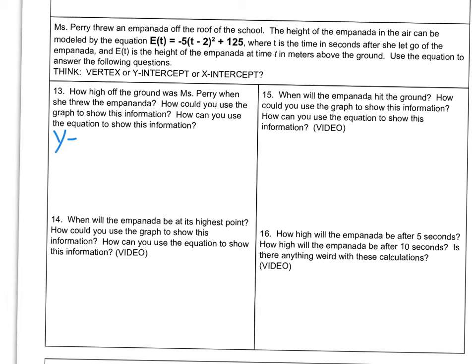This is a y-intercept question, and graphically we'd use the y-intercept. In the equation, we're going to plug in x equals 0. In terms of how that would look, we end up with e of 0, which means the height at time 0: -5 times (0 minus 2) squared plus 125.